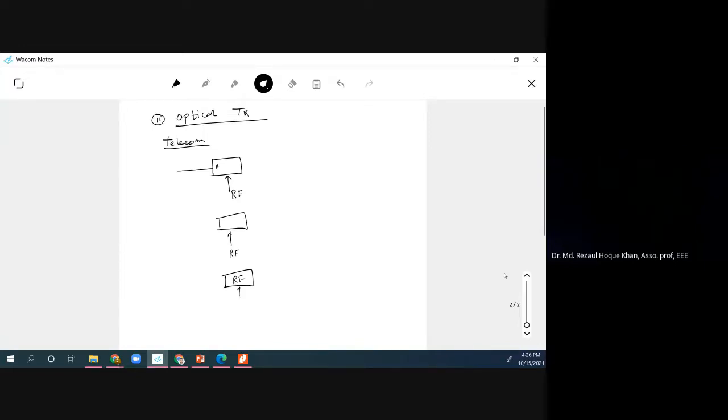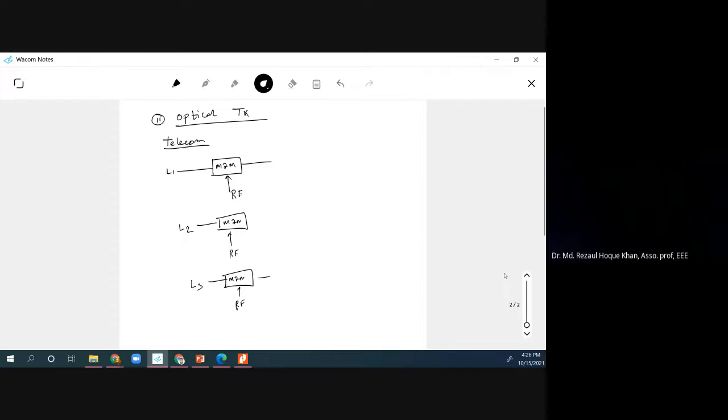You will pass them through the Mach Zehnder modulator. What does the Mach Zehnder modulator do? It takes laser signal 1, laser signal 2, laser signal 3, and then converts them to the optical domain.